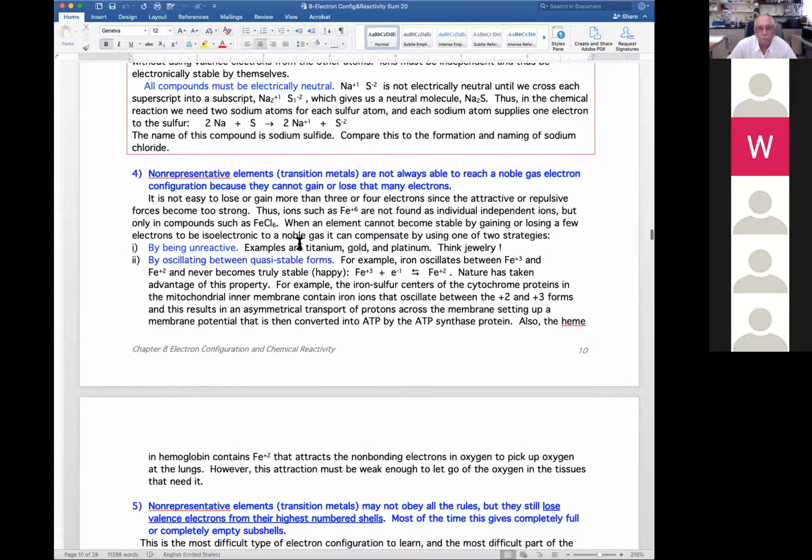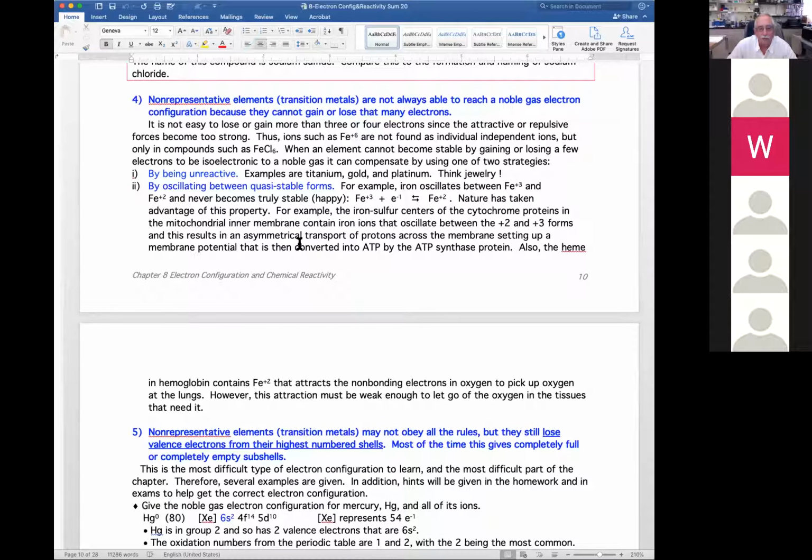Let's see. So the non-representative elements are not always able to reach the noble gas electron configuration. So that means we cannot really understand their behavior. And if you look really closely, we can. But if there's no way you're ever going to be electronically stable, what are you going to do? One strategy is you simply don't do anything.